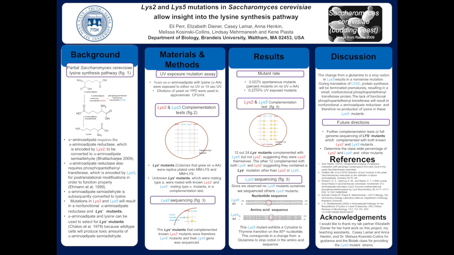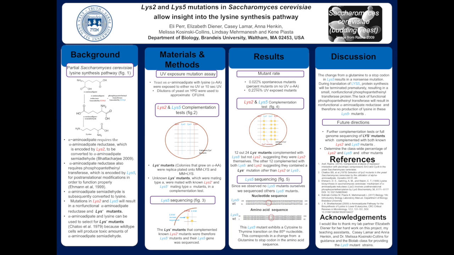Since we did not observe any lys5 mutants ourselves, we sequenced the lys5 genes of lys5 mutants from other students in Biolab. The lys5 mutant I examined exhibited a cytosine to thymine transition on the 85th nucleotide, and that corresponds to a change from a glutamine to a stop codon in the amino acid sequence, and this results in a nonsense mutation.